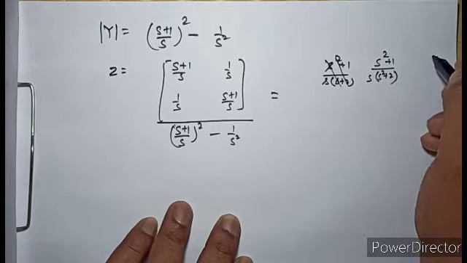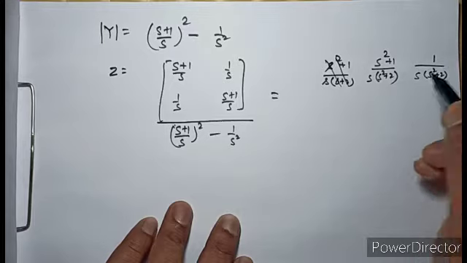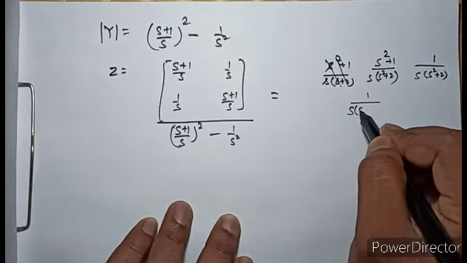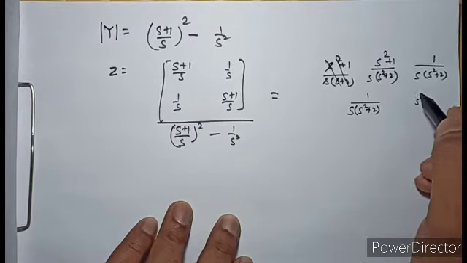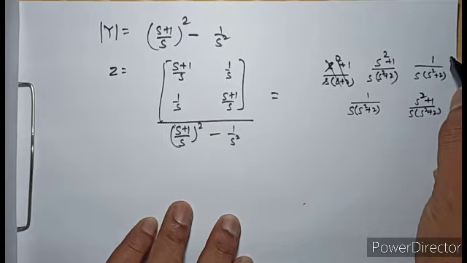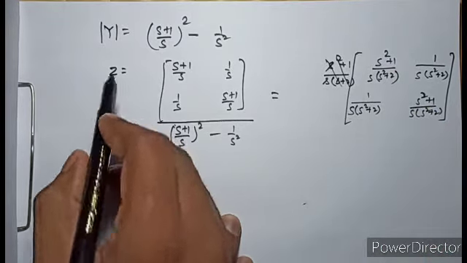Let me rewrite it: S square plus 1 by S into S square plus 2, and 1 by S into S square plus 2, 1 by S into S square plus 2, and S square plus 1 by S into S square plus 2. This is our Z.